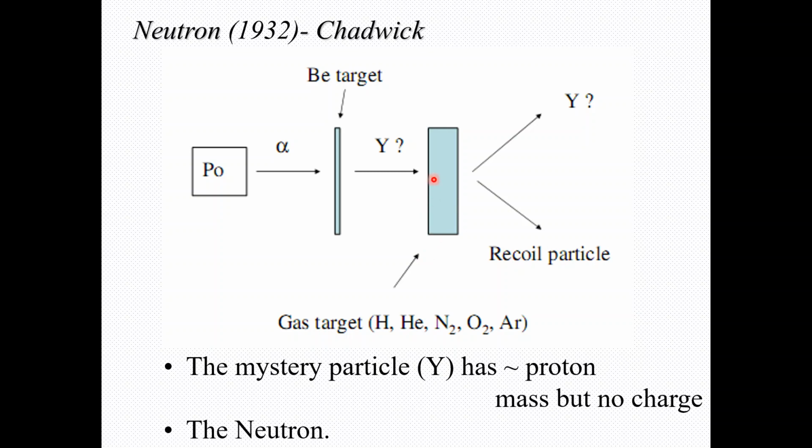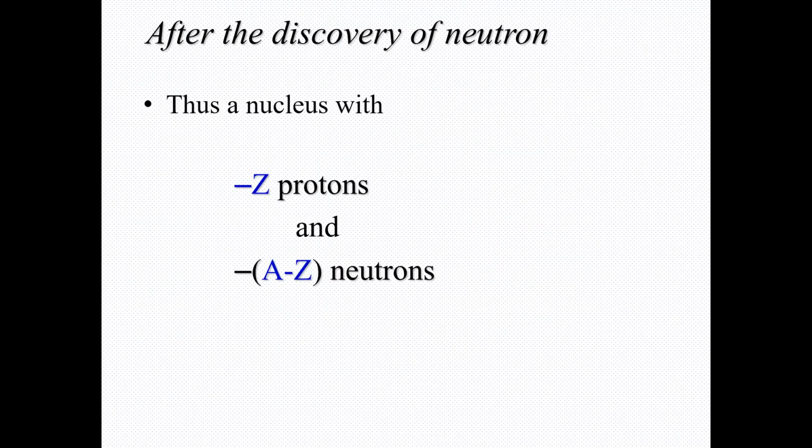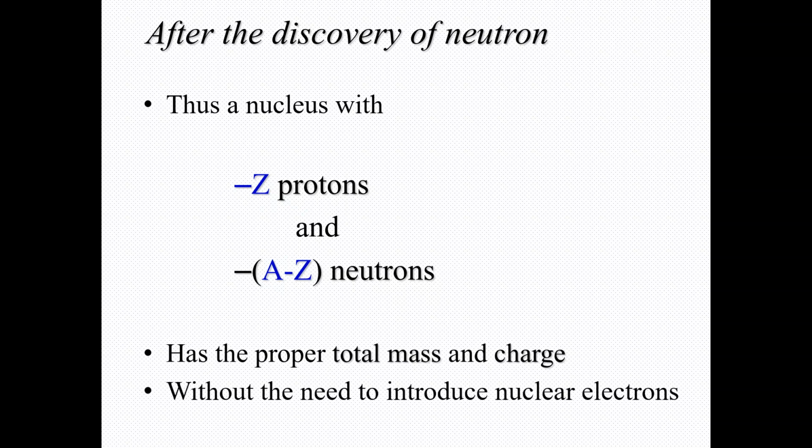Now after the discovery of the neutron, a nucleus has Z protons and A minus Z neutrons, so it has the proper total mass and charge without the need to introduce nuclear electrons.